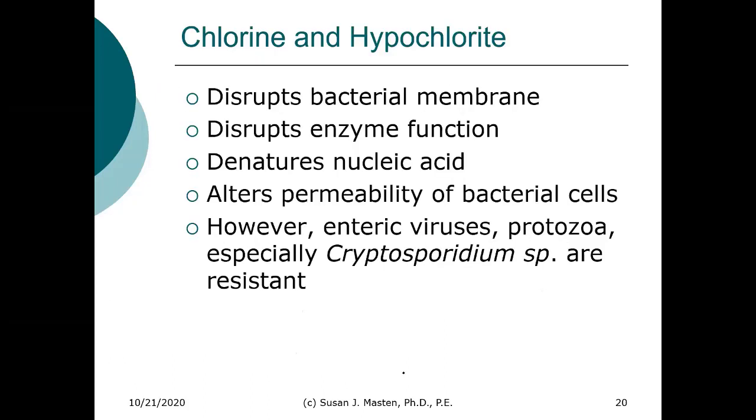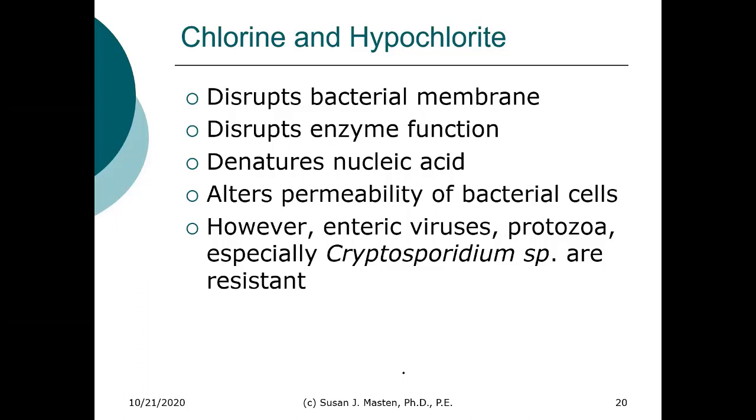Now, in terms of how these react, I'm not going to go into any great detail, but basically both chlorine and hypochlorite react by disrupting the bacterial membrane, disrupting the various enzymatic functions. They also denature the nucleic acid, and by altering the permeability of the cell, which occurs because they've disrupted the bacterial membrane, that results in killing the organism.